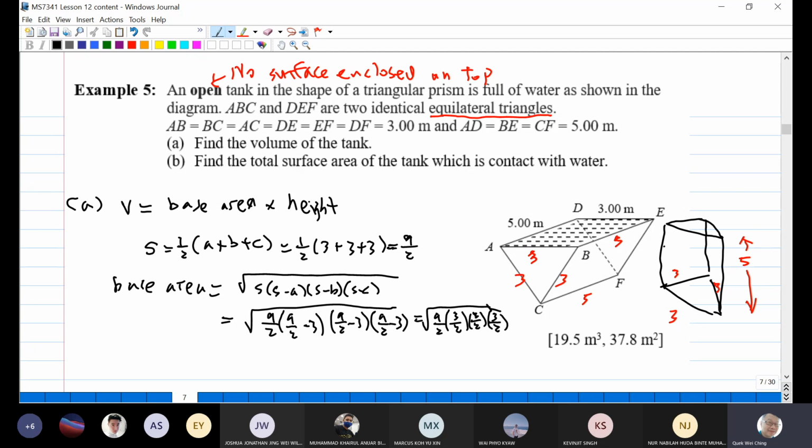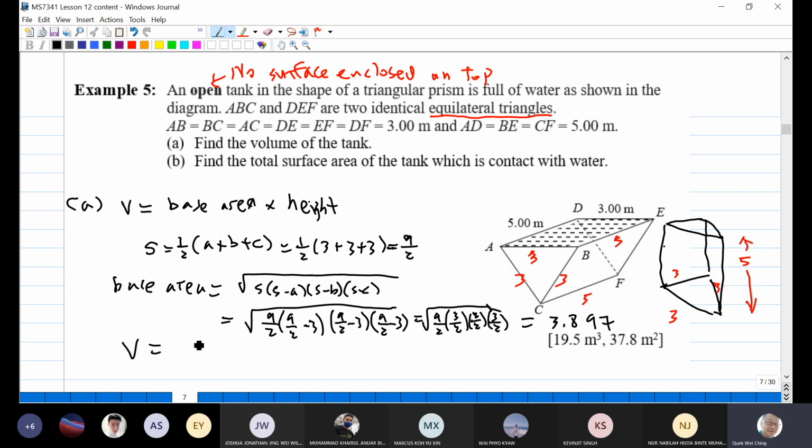Then you press the calculator. This base area first, you can find that it's actually 3.897. There is the base area. So what is the volume now? Volume is base area times height, right?